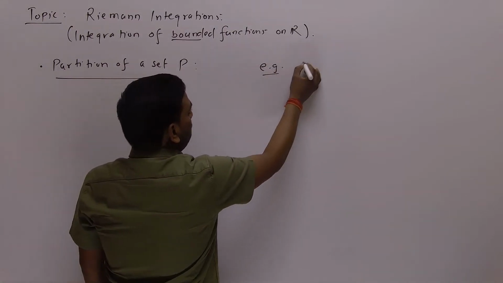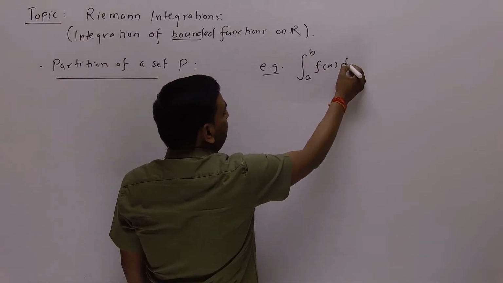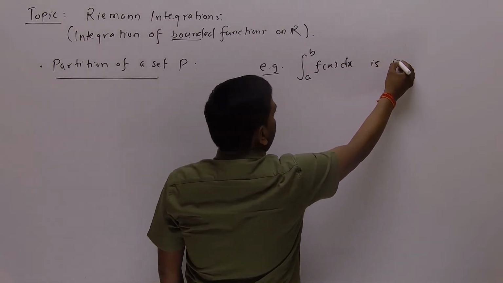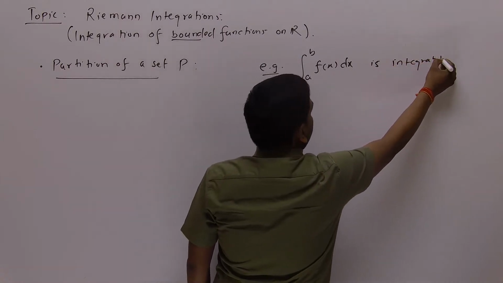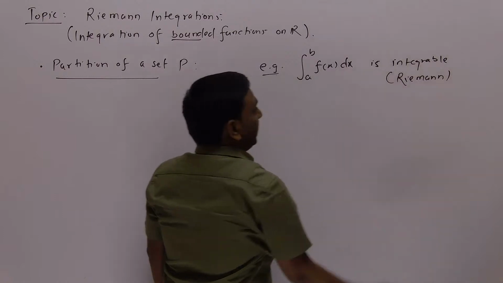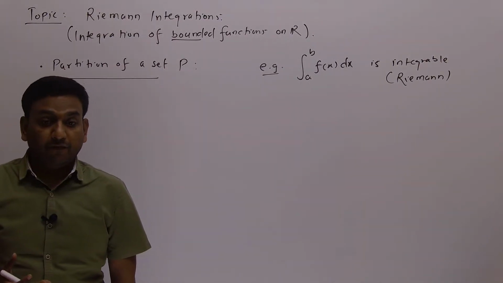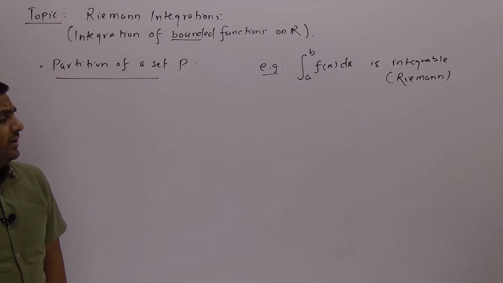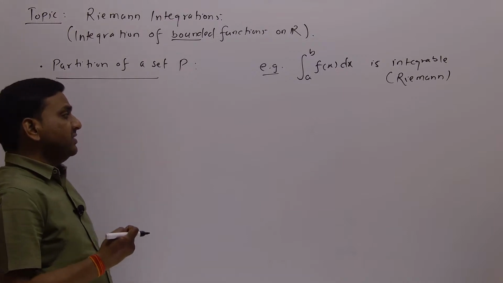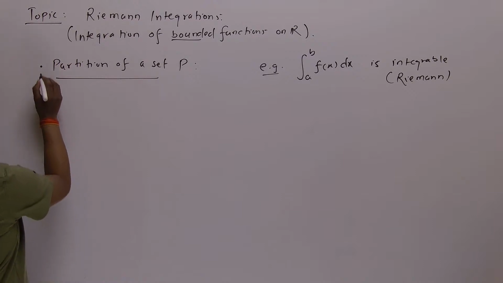if you want to check whether the integral from a to b of f of x dx is integrable, basically trying to check whether it is Riemann integrable or not. What happens here is obviously f of x is a bounded function.